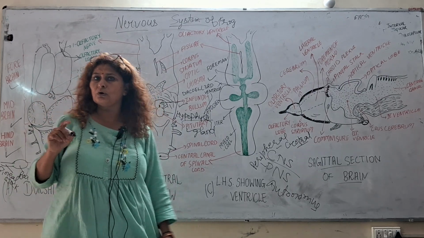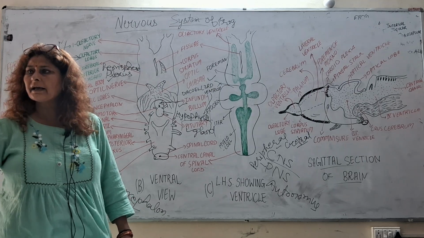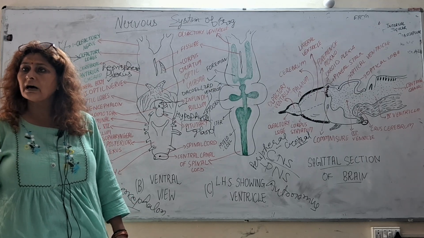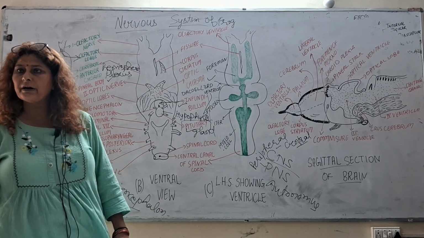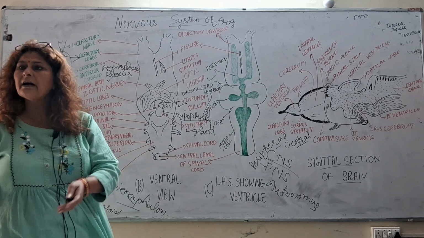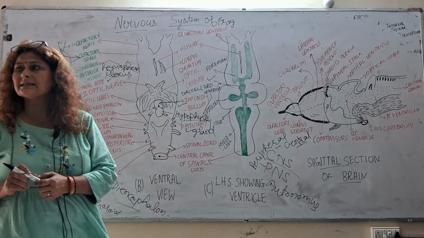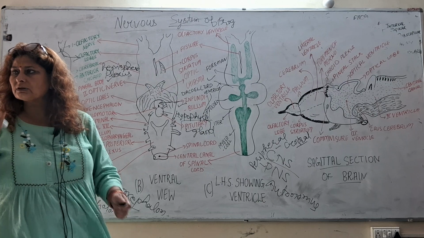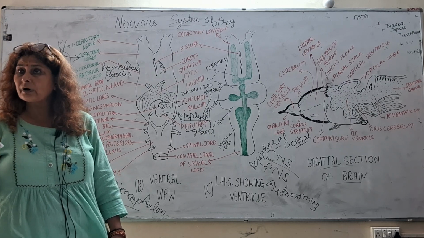Listen again. On the lower side there is a hanging portion, that is called the infundibulum. Just below the infundibulum there is another hanging portion, that is called the hypophysis. Together these two structures are called the pituitary gland.